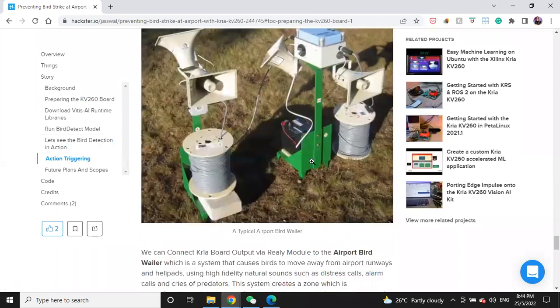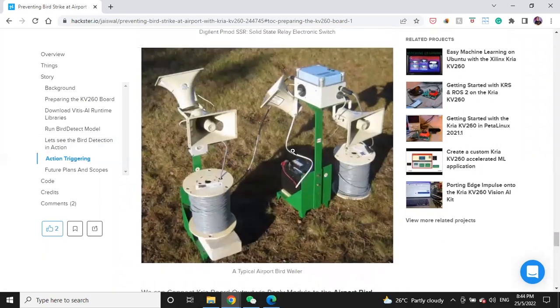These are conventional devices that are available at airports across the globe. They are called bird whalers. They generate a distress sound, a sound which birds really don't like, and it keeps the birds away from the airfield.